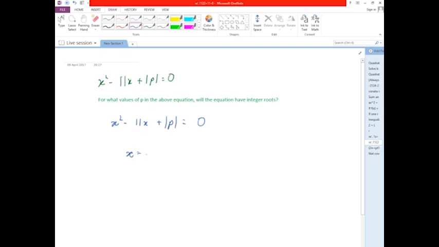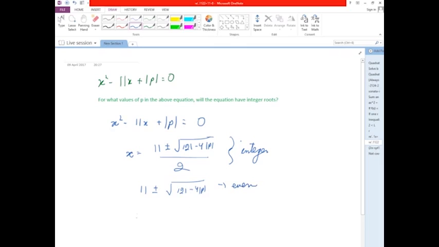Here we'll have to calculate the roots: 11 plus minus root of 121 minus 4 mod p, by 2. So we need this value to be an integer. And for this value to be an integer, you need 11 plus minus root 121 minus 4 mod p to be even.